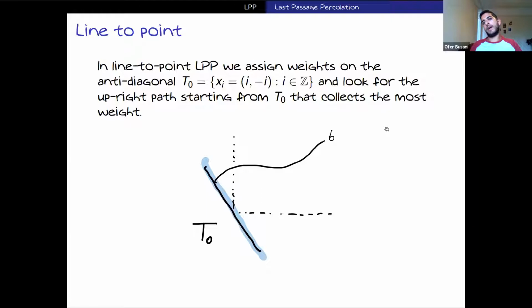And again, we are asking what is the upright path starting from T0 and terminating at B that collects the most weight. And again, we call it the geodesic. Okay, so this time we can assign not arbitrary but general weights on the anti-diagonal. And then this would be different initial conditions for the model.